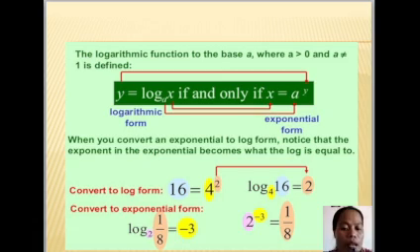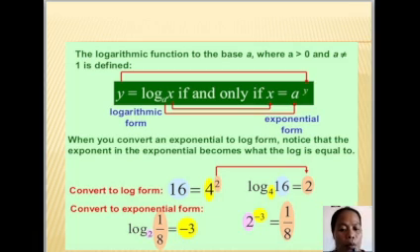Remember, they are equivalent. So when you convert an exponential to logarithmic form, notice that the exponent in the exponential becomes what the logarithm is equal to. Example here, convert to logarithmic form. We have 16 is equal to 4 squared because 4 times 4 is 16. And the base here is 4, the exponent is 2.